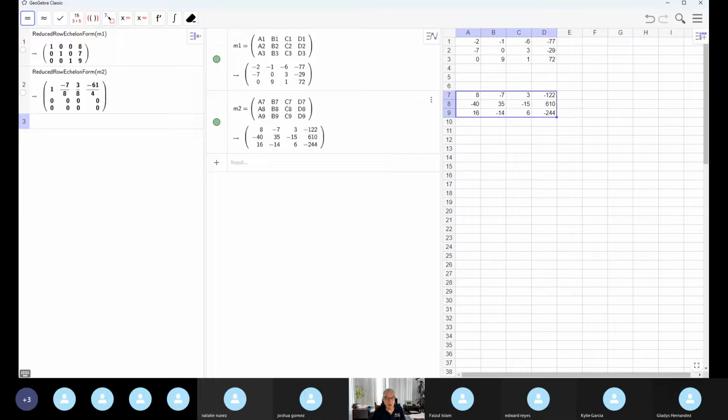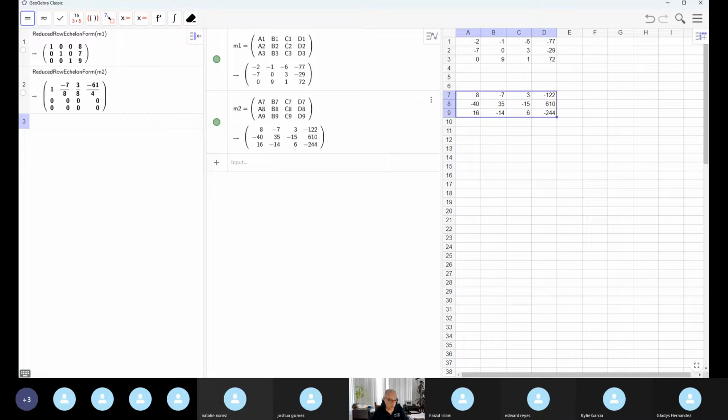So the original matrix in 24 was 8, negative 7, 3, minus 122, minus 40, 35, minus 15, 610. This is exactly what was typed in the GeoGebra.